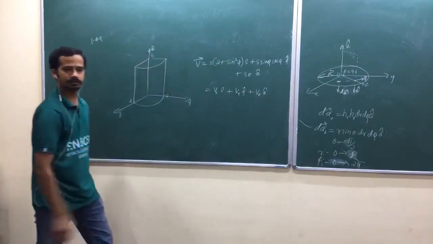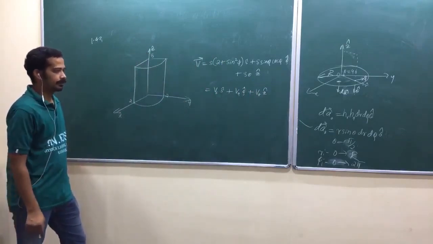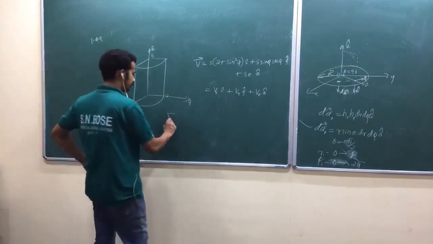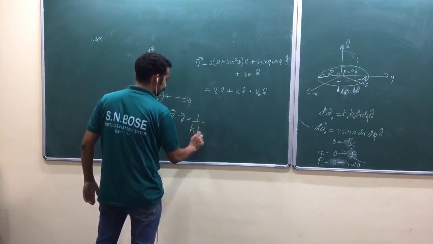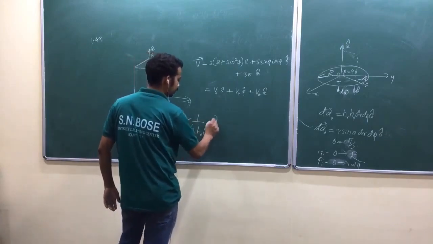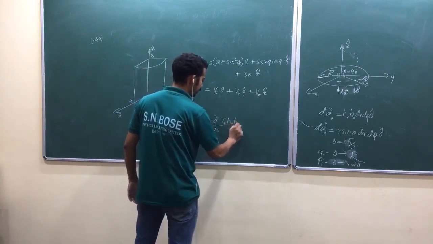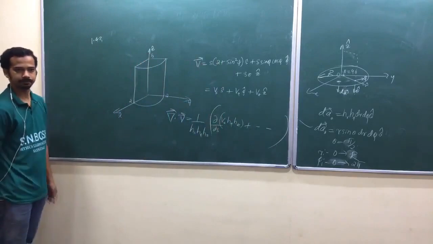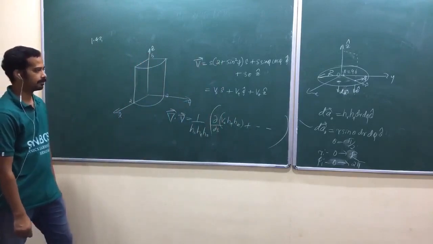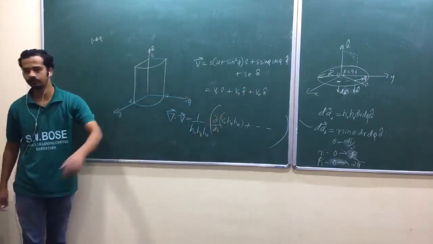You can take the divergence using that formula, isn't it? What is the divergence now? Del dot V equals 1 by H_s H_phi H_z, dou by dou s of V_s H_phi H_z, and so on. I hope you can do that. V_s is given, V_phi is given, V_z is given. Do it like that.